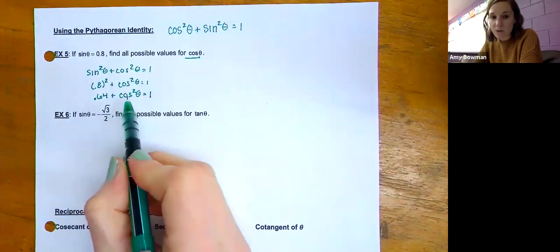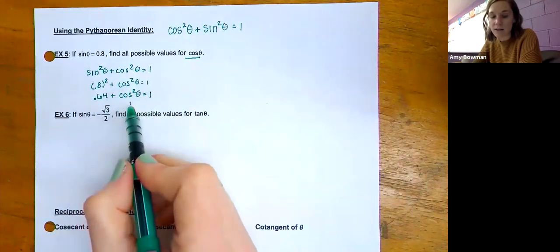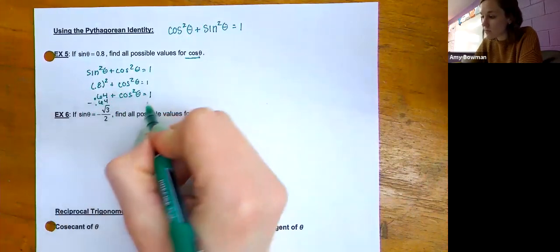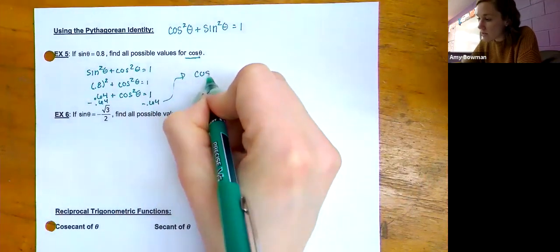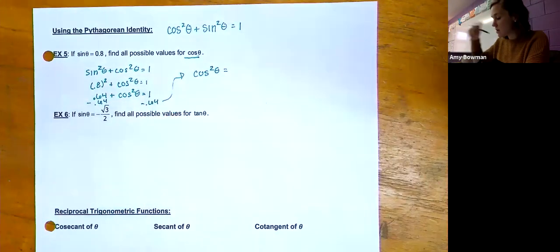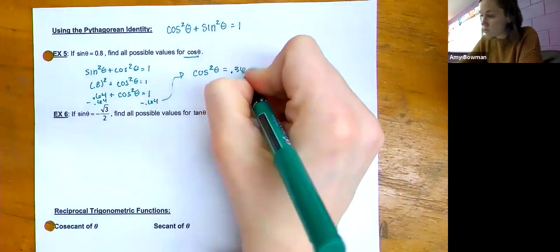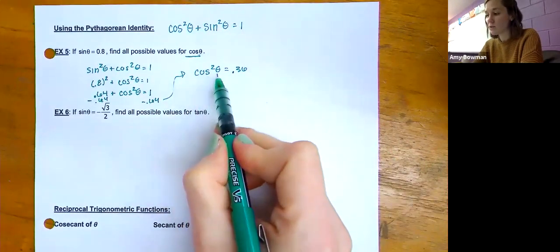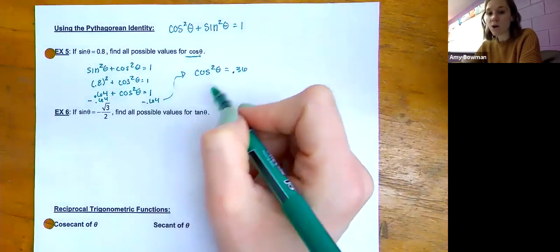And I'm that much closer to solving for what the cosine of theta is. I want the possible values for cosine. So I'm trying to isolate cosine theta. So I'm going to subtract 0.64 from both sides. And I'm left with cosine squared theta equals 0.36, because I would do 1 minus 0.64. Now I just want my values for cosine theta.